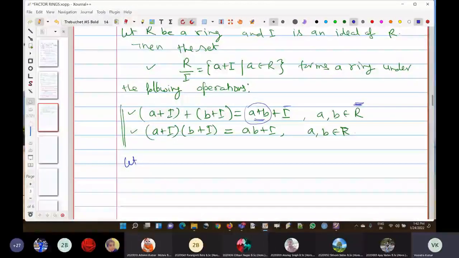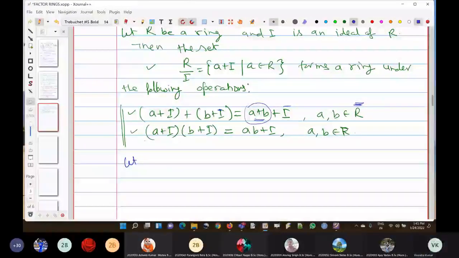And you know that I is an ideal, so this is necessarily going to be closed. So when you sum elements of I and I, you will get nothing but I only.